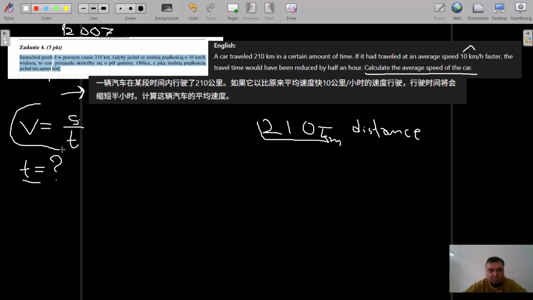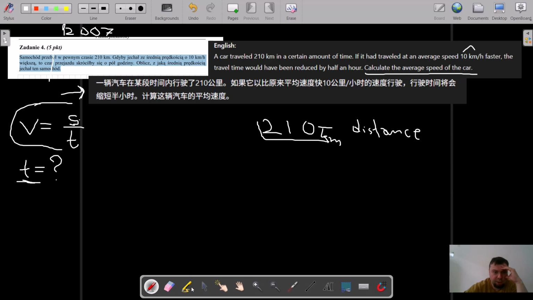This is from physics. You remember, for the average speed, v velocity equals distance divided by time. So from this, we need to find out what t equals. In order to do that, you can divide both sides by s, by distance. So just divide by s, and v divided by s. What's going to happen here, we will simplify. S will be gone, so you have 1 over t.